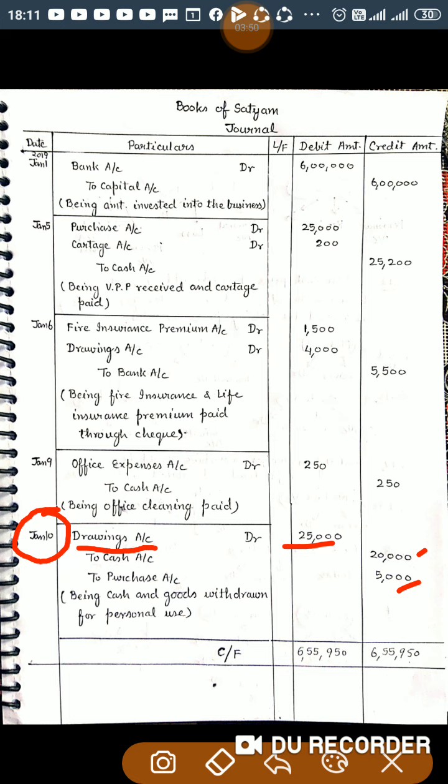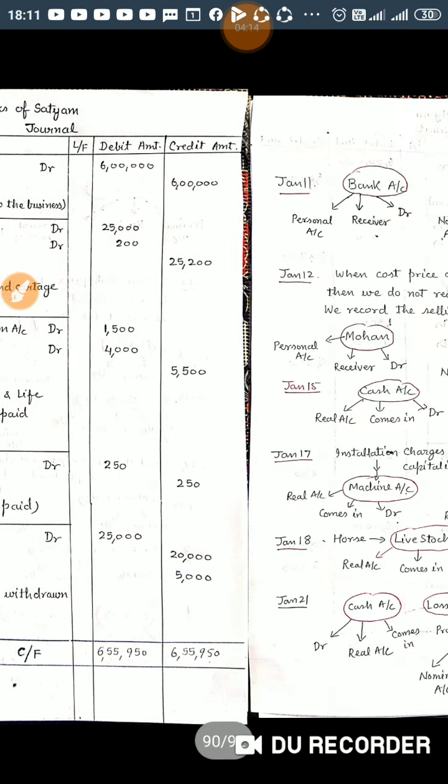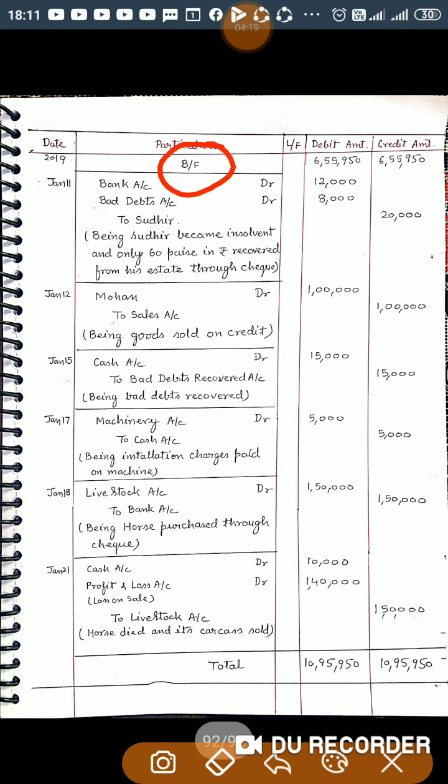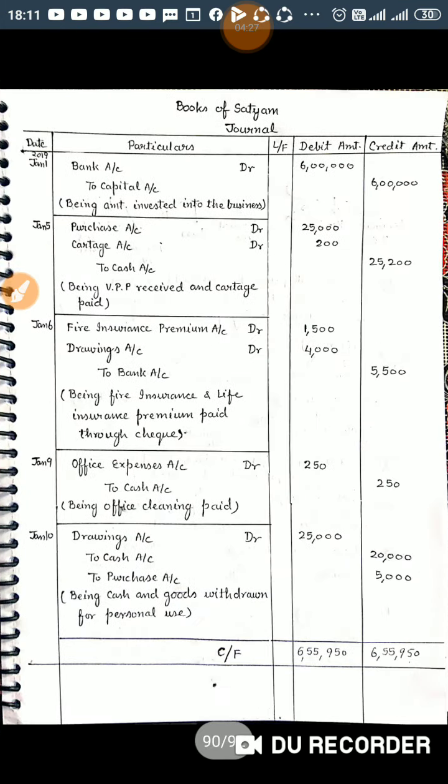Now, because this page has been completed, first of all we sum up the debit amounts and write it here, and we sum up the credit amounts and write it here. Both sides should be equal and we will write C/F, that is balance carried forward. In the next page we will write brought forward, and the balance will be brought forward here, 6,55,950.